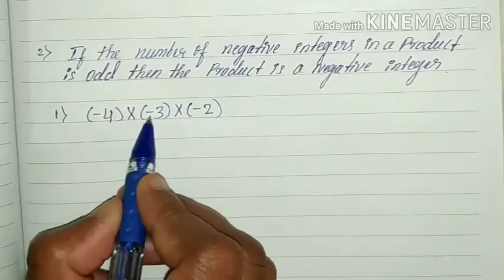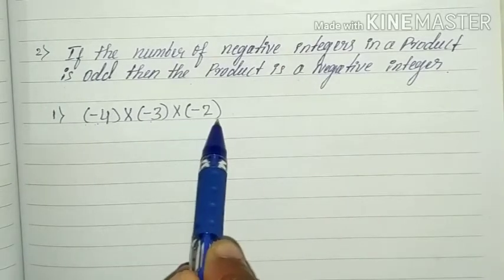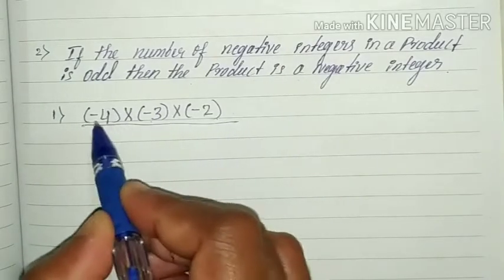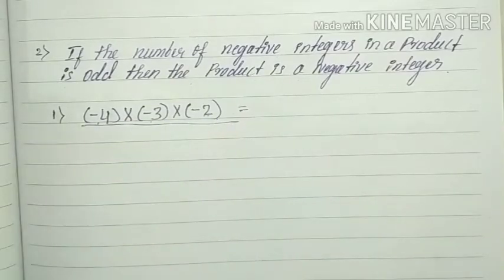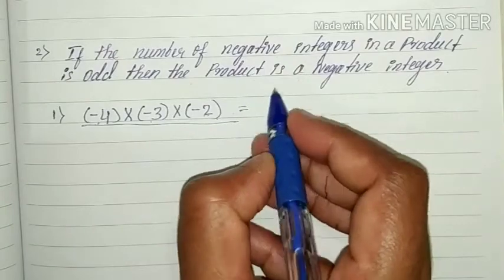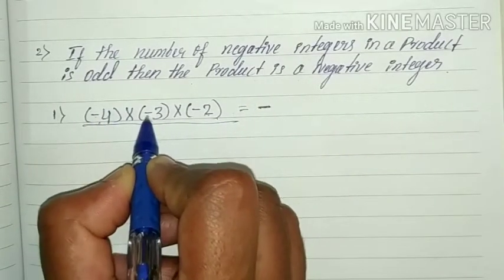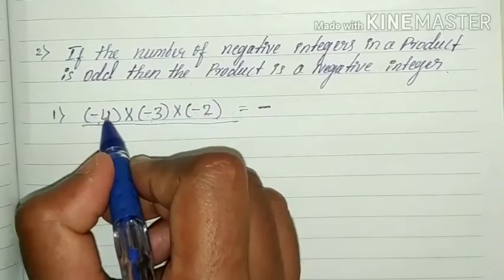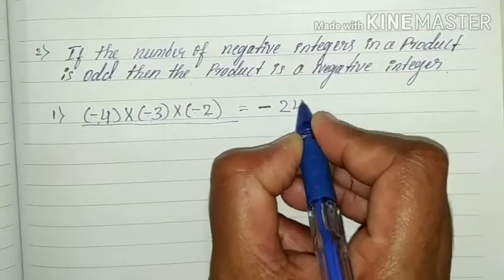Here how many numbers are there? 1, 2, 3. So the number of negative integers in the product is odd. Only 3 integers are there. So what is the result then? The sign is always negative only. Minus minus is plus, plus minus is minus. So 4 3s are 12, 12 2s are 24.